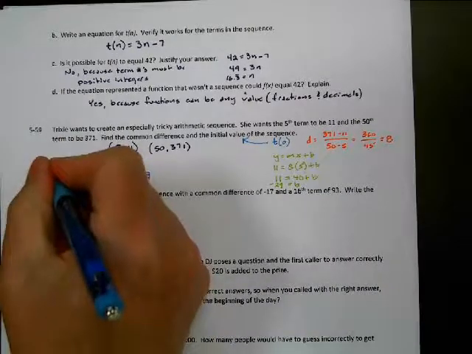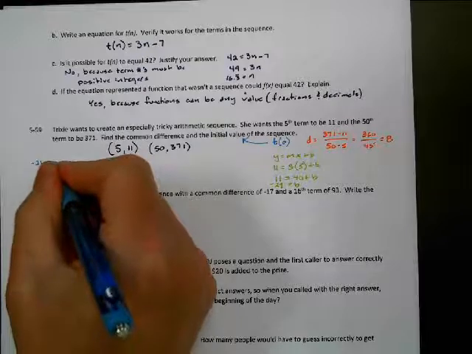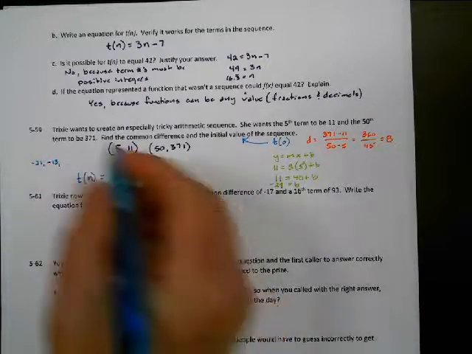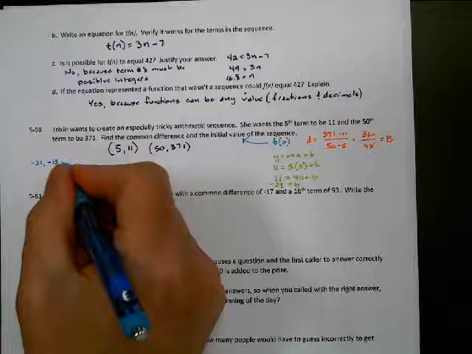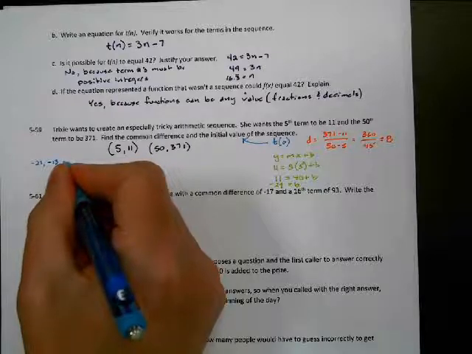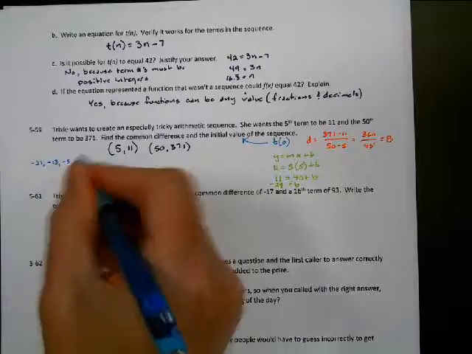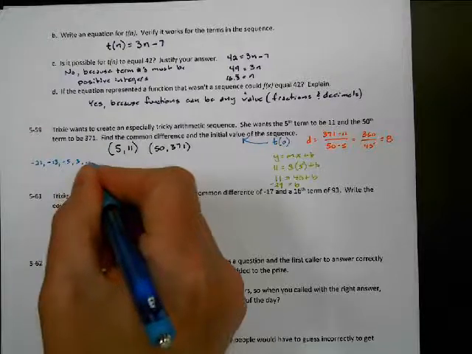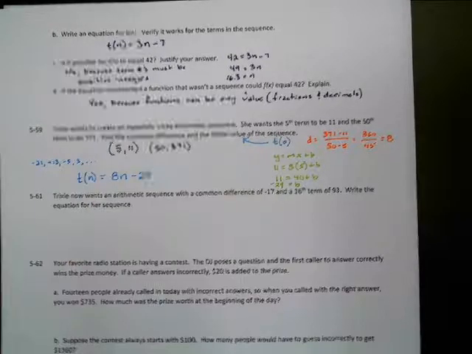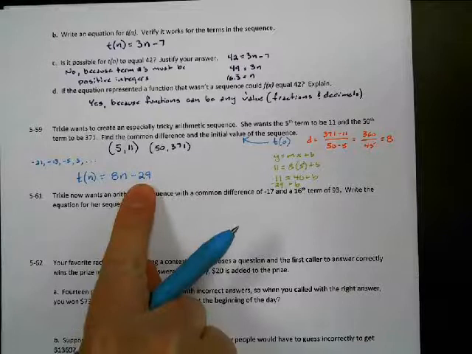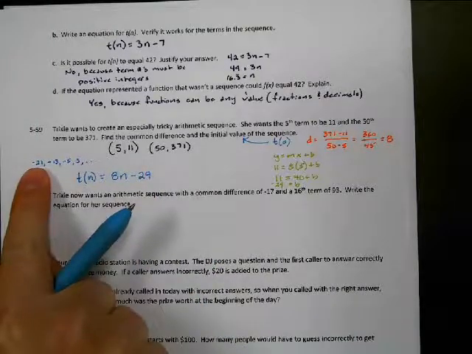Add 8 again, the next term in the sequence would be negative 5. And then 3, and so on. That would be how the sequence would go. This number is not the first term in the sequence. It's the 0th term that doesn't exist in the sequence.